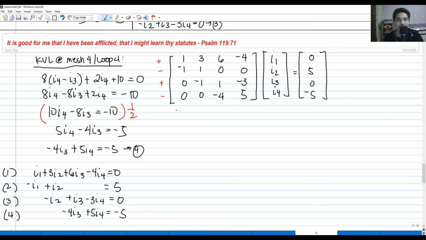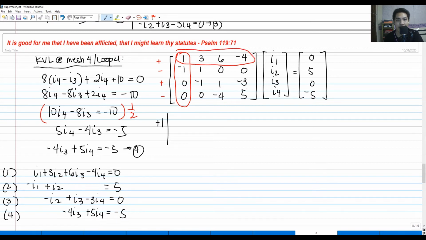So what I'm going to do is choose row 1. For each element, I'll have the positive 1 multiplied by the determinant of the remaining matrix if I exclude row 1 and column 1, because this is my row 1 and column 1.